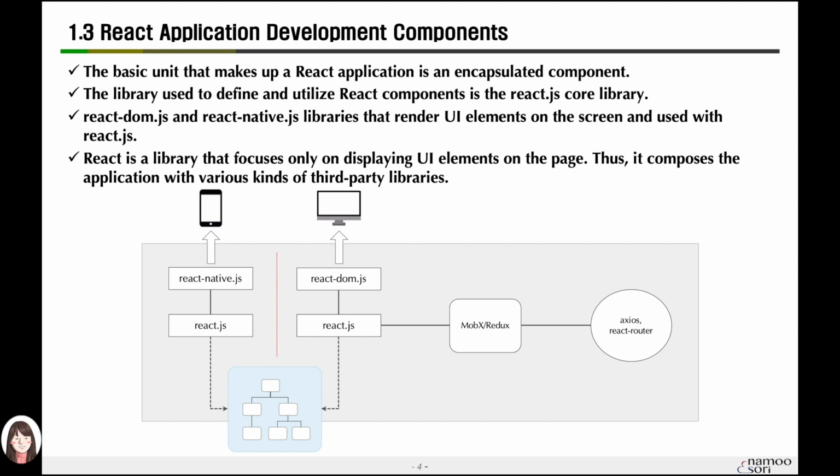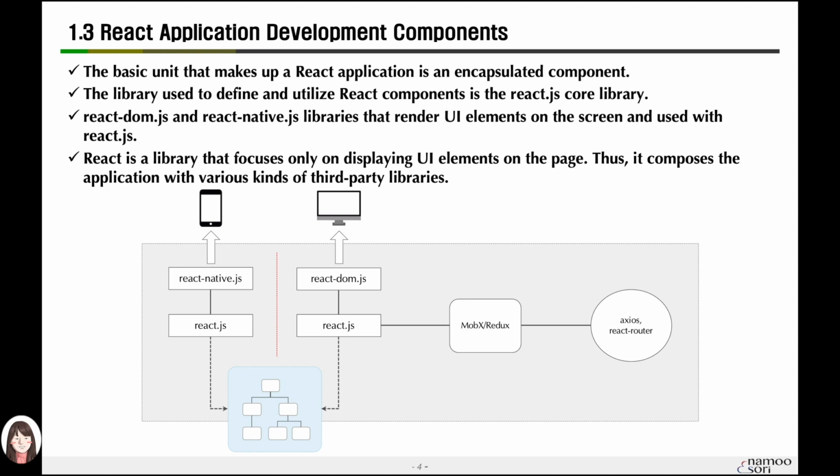In addition to this, there is the Axios library used to communicate with the server, and the React router library used to define routing. We are going to use some additional libraries including AutoBind. When configuring a page with React, the React library itself is focused on actually creating components and rendering the page, so other elements do not exist.